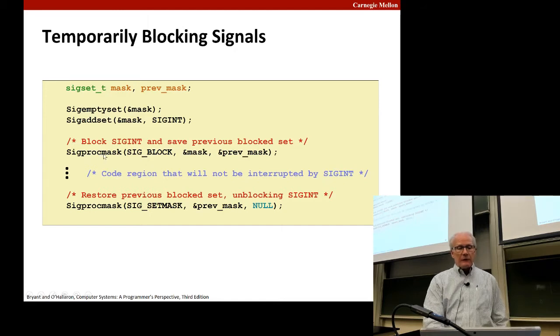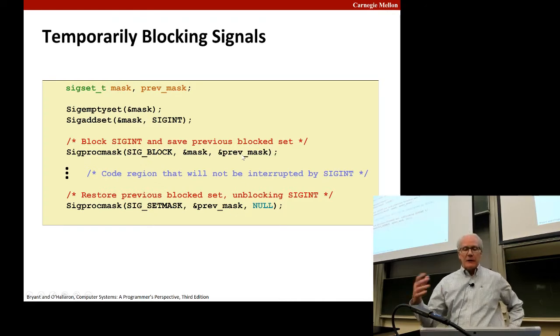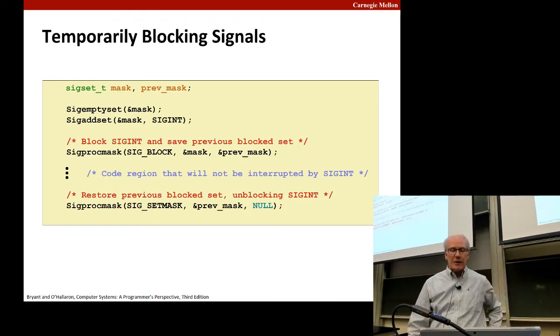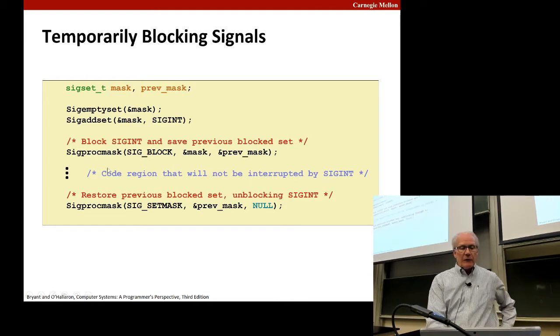And then there's a function called sigprocmask, meaning change the signal mask for the set of blocked signals. You pass in a pointer to the new set of signals, and you can also pass in a pointer that will then be set to the existing set of blocked signals. And so right now, this code will just be blocking only SIGINT.